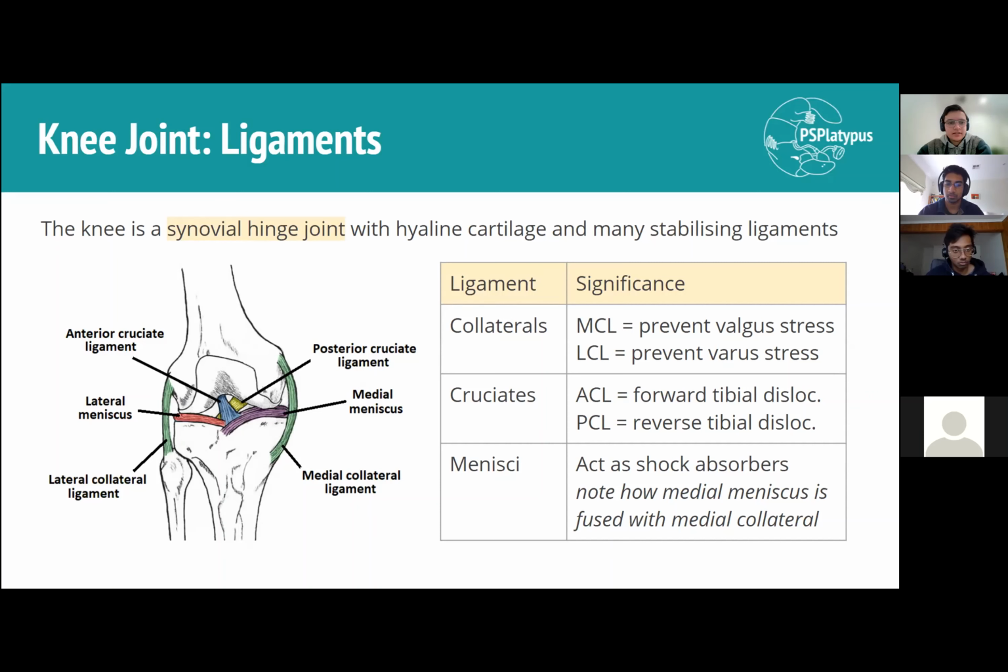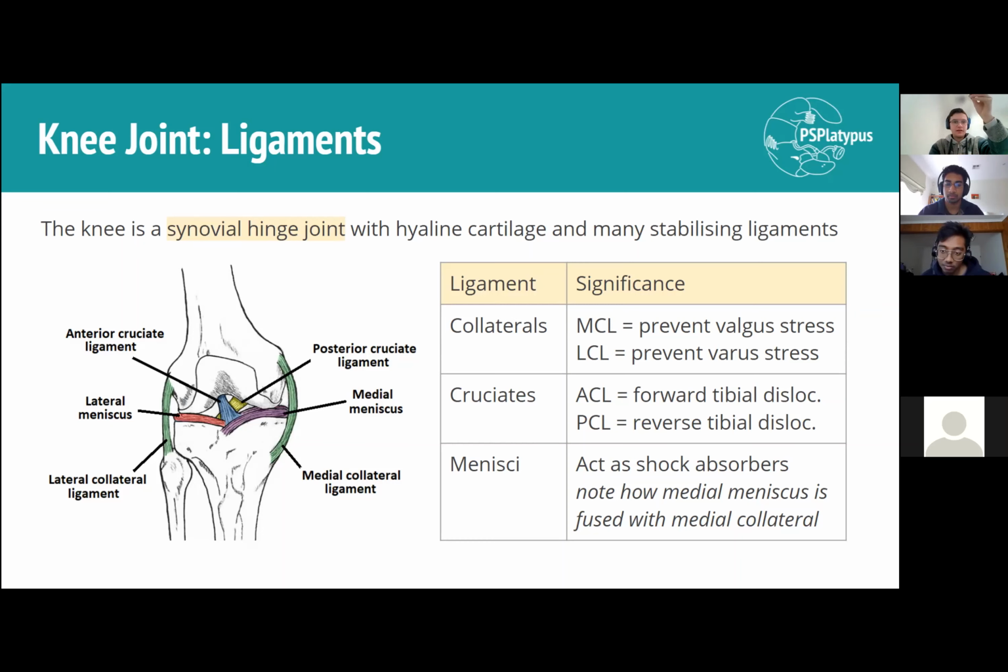The collateral ligaments are sort of on the sides. You can see the green ones that have been highlighted. Those are your medial and lateral collaterals. Now, the MCL, so the medial one, is going to prevent valgus stress. Now, valgus stress, and I'll go into this in clinical relevance, is anything that pushes your knees inward. I'm not really sure how to show this, but hopefully you can see my two pens like this.